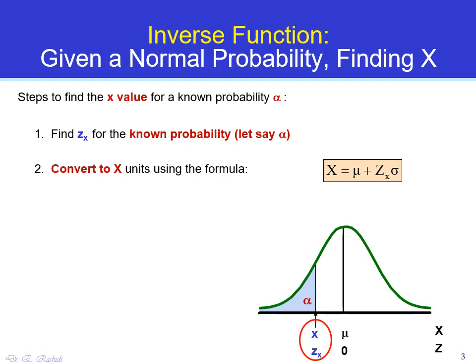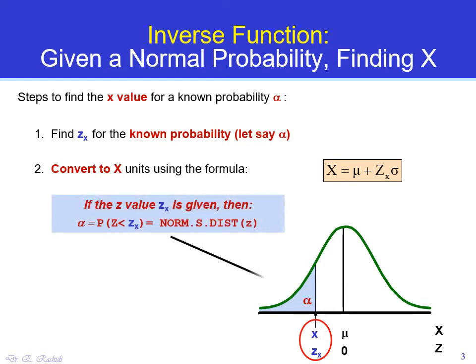All right, so we learned two problems for normal distribution. The first problem was if you have the z value, z of x, you find the probability. So we know the z of x, and we want to find this probability, alpha.